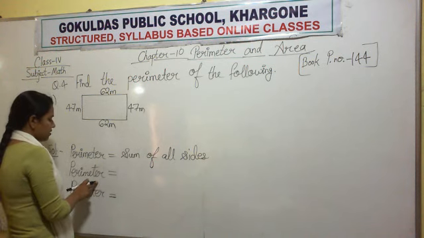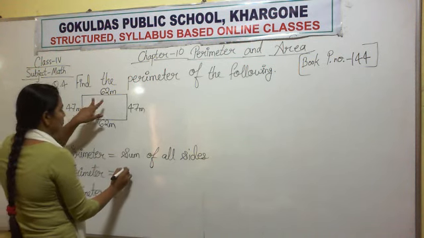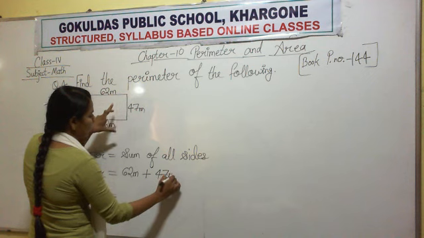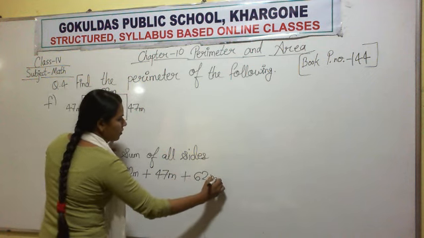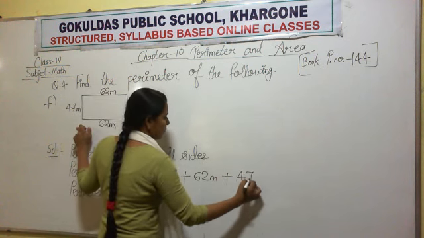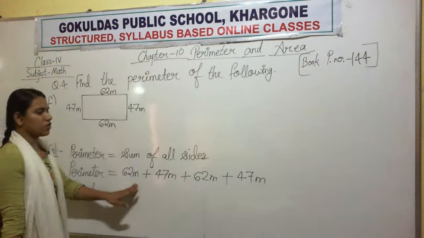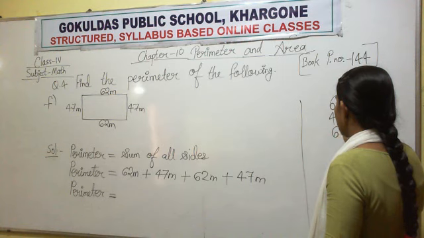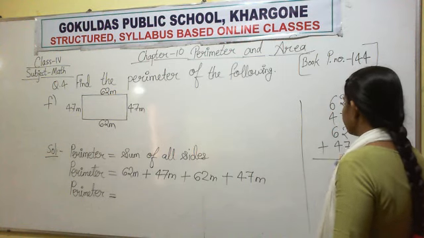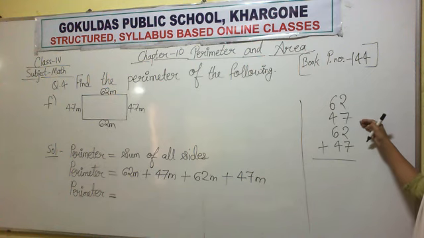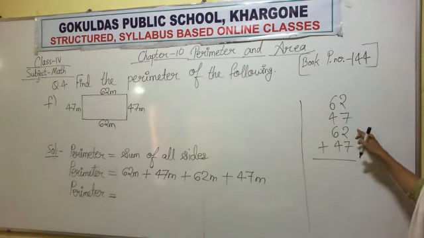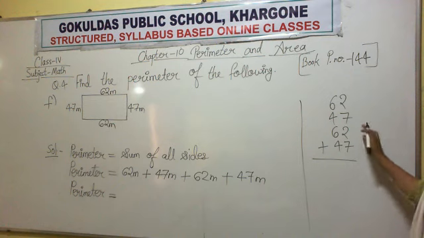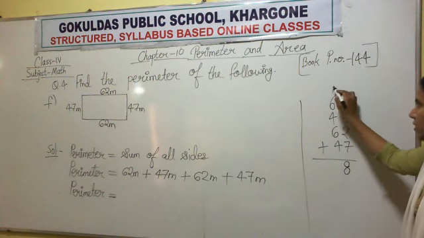In the next step, perimeter equals, we will write the sides and add. 11 plus 7 is 18, so 8 here, 1 carry forward.